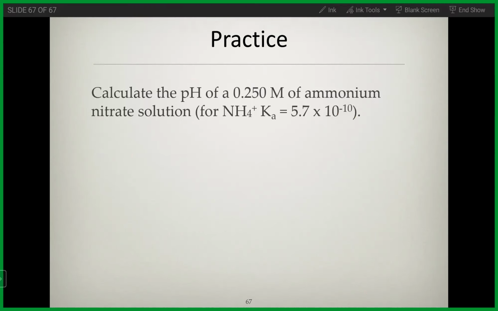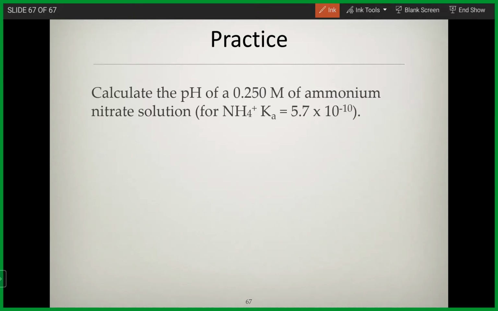And then just for the ending, it's going to be essentially the same type of question. It's just in this case, it's actually a little bit easier because we're given the equilibrium constant we want. Because with ammonium nitrate, NH4NO3, we'll get that to completely dissociate. So we'll get ammonium ions, we'll get nitrate ions.